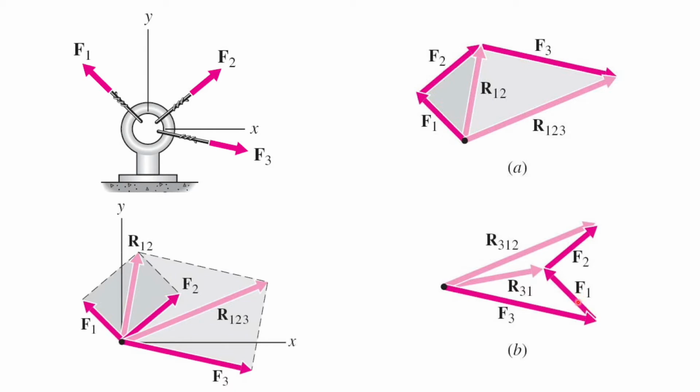You can draw them in any sequence, as long as you draw each from the tip or head of the previous arrow. So F1 here and then F2. From here, we can get the resultant vector of F3 and F1. Then finally, after drawing F2, we can get the resultant vector R312.